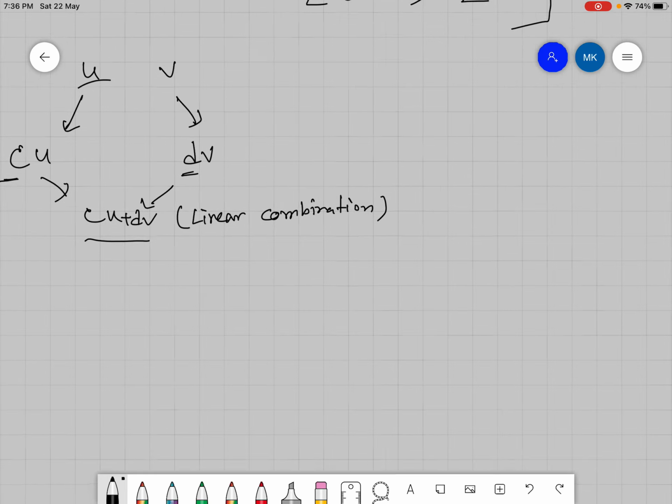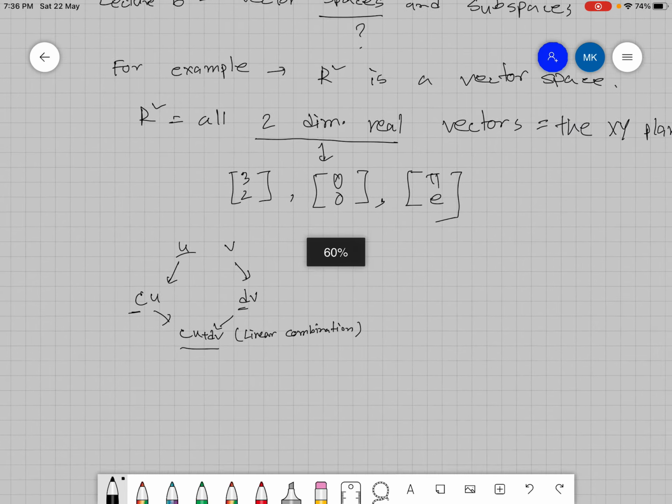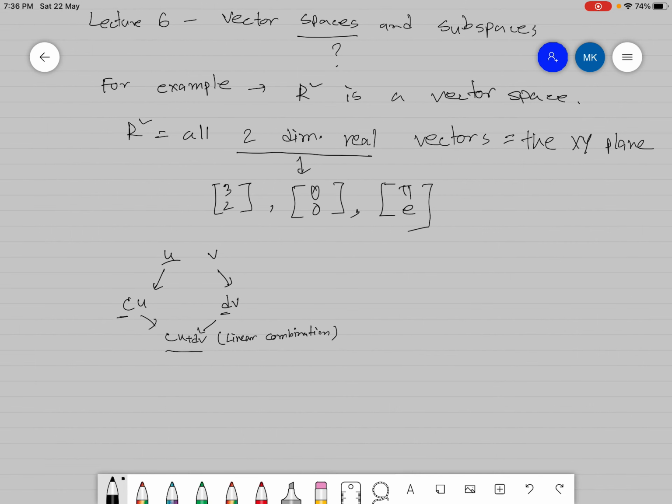This vector space R2 that we are talking about comprises all the two-dimensional real vectors. So it should fulfill the condition that the linear combinations of any two vectors in that space should result in that space as well.